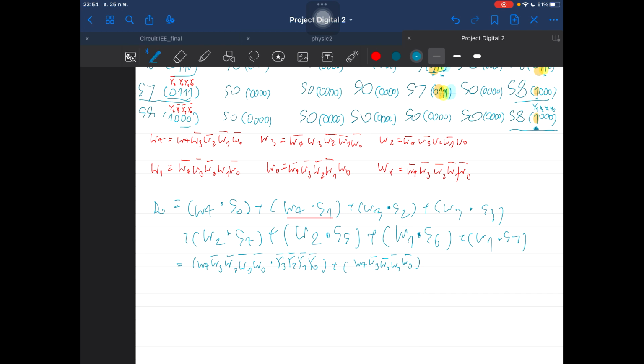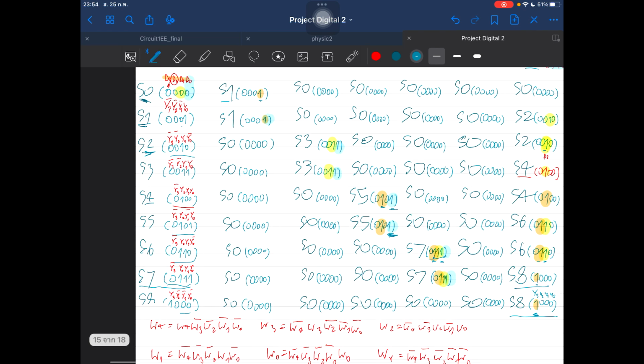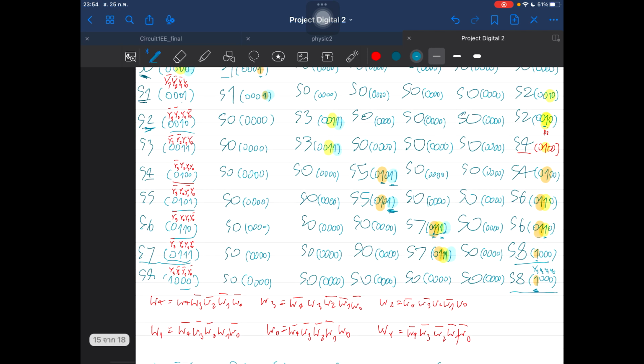Then the name of state 1. State 1 name is Y3 that, Y2 that, Y1 that, and Y0.